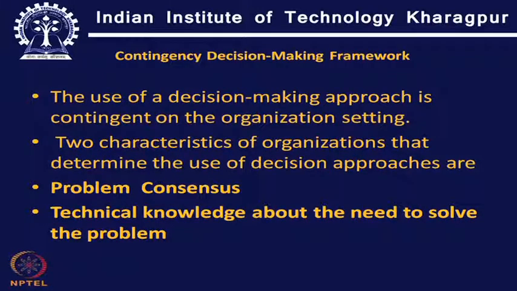If you are talking of the contingency decision making framework, this is a decision making approach which is contingent on the organization setting. Two of the characteristics of the organization that determine the use of decision approaches are problem consensus, where people come to a consensus about a particular problem or group of problems that need solution, and second, the technical knowledge about the need to solve a particular problem.